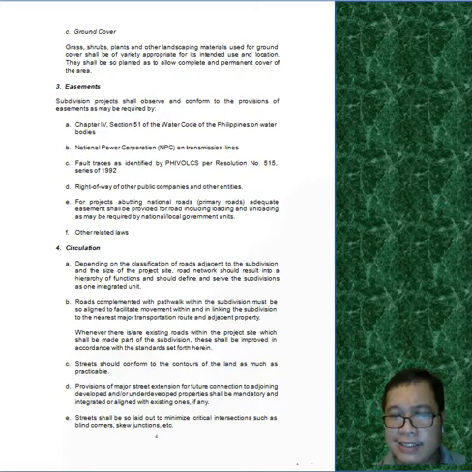Especially, class, since it is socialized housing, you don't want to spend more on the geotechnical site or the foundation because you're going to place your socialized housing project on a fault line, then you're going to spend more. It will not equate economically for the developer as well.